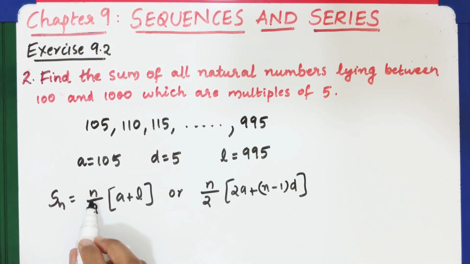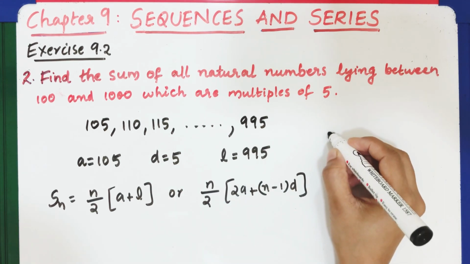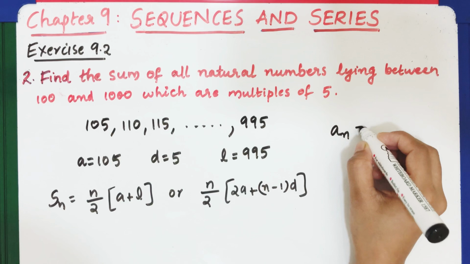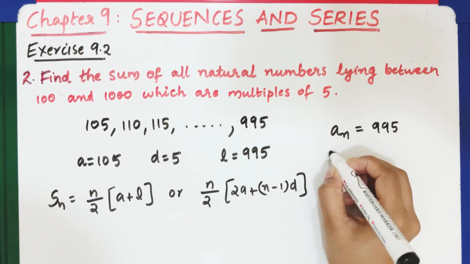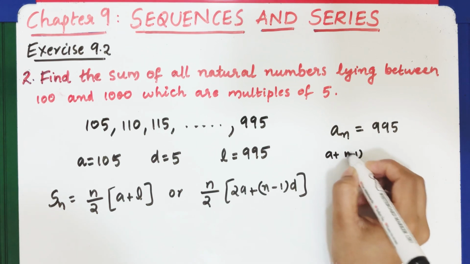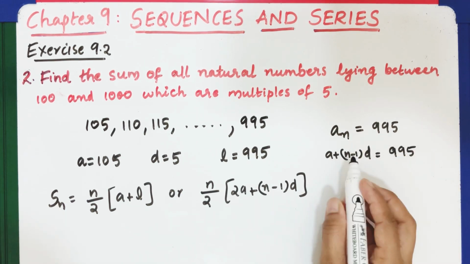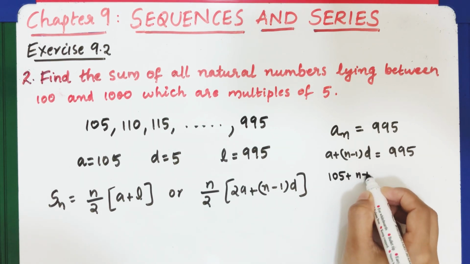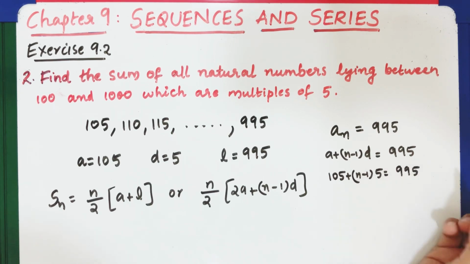So we need n here. We have l is equal to 995, that is an, the nth term, is equal to 995. That is a plus (n minus 1) into d is equal to 995. Here 105 plus (n minus 1) into 5 is equal to 995.